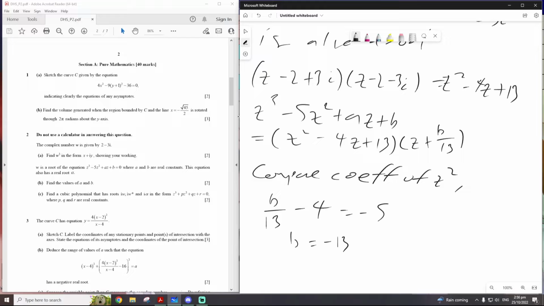Comparing the coefficient of z might help us for this.